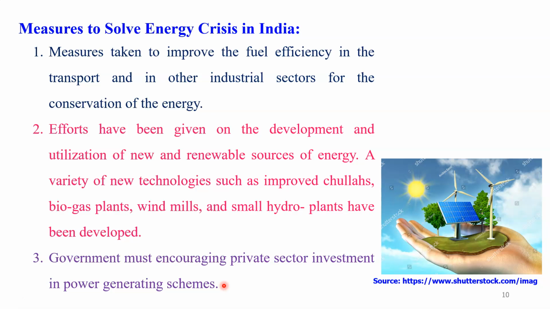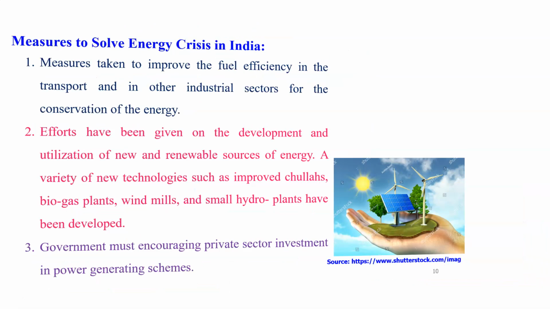But for that purpose, it is very important that the private sector invests money or capital in power generation schemes. Then definitely it will reduce the gap between demand and supply.